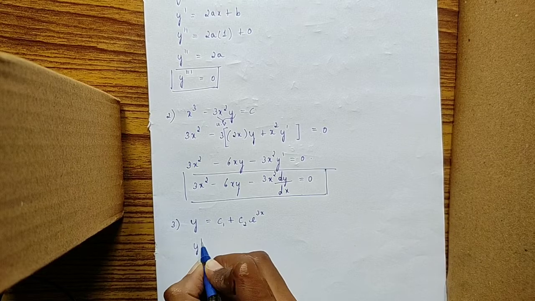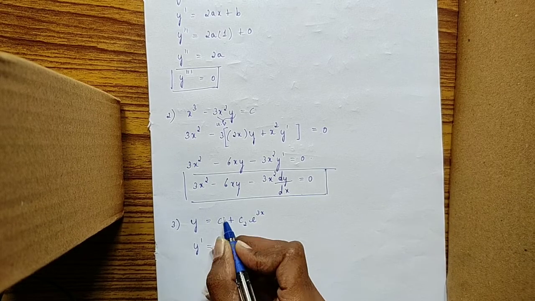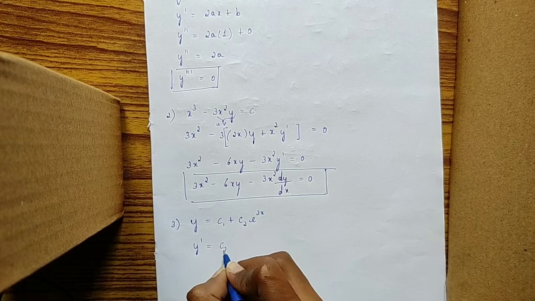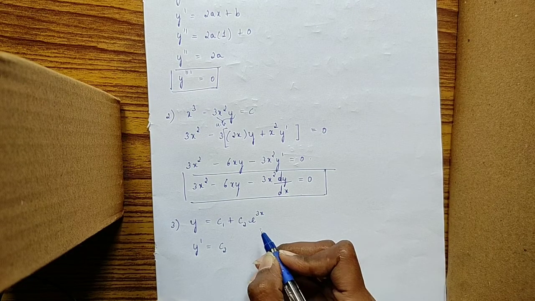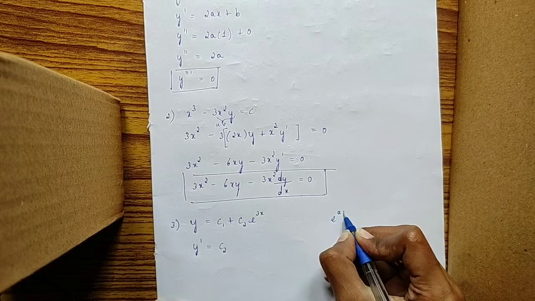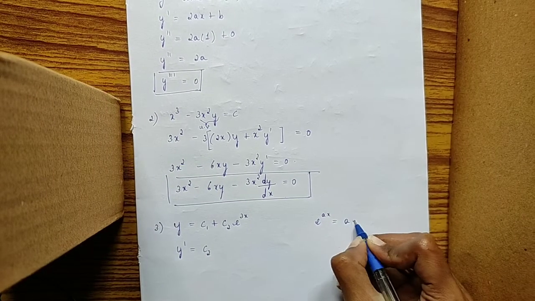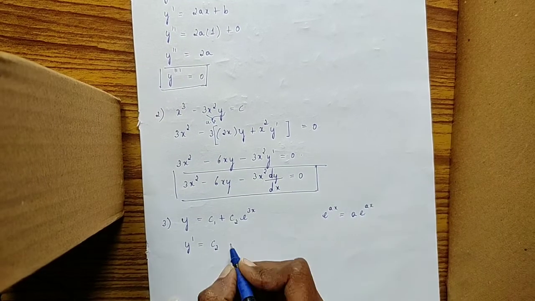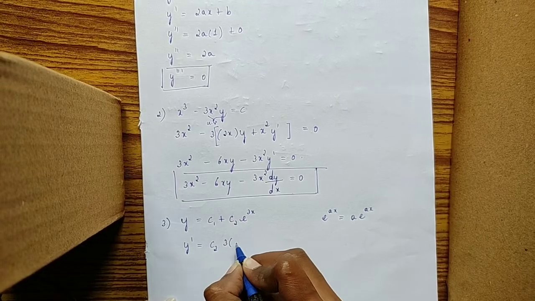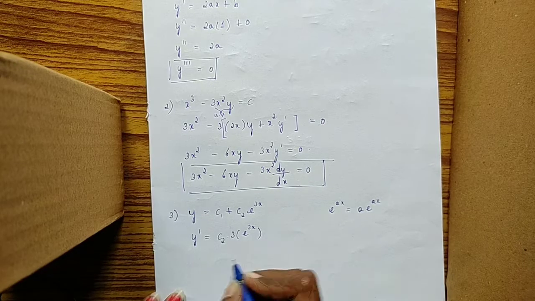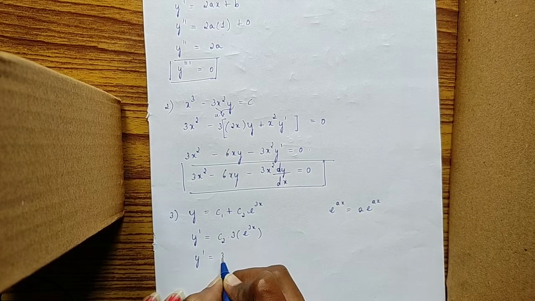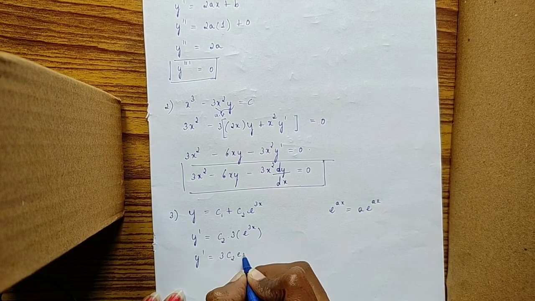We have y', where the differentiation of the constant is 0. So we have c2. What is the differentiation of e^(ax)? It is a into e^(ax). So we have 3e^(3x). So we get y' = 3c2e^(3x).